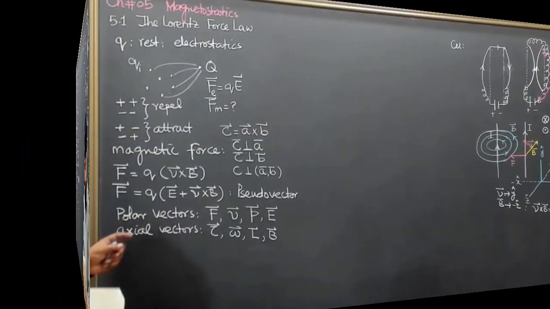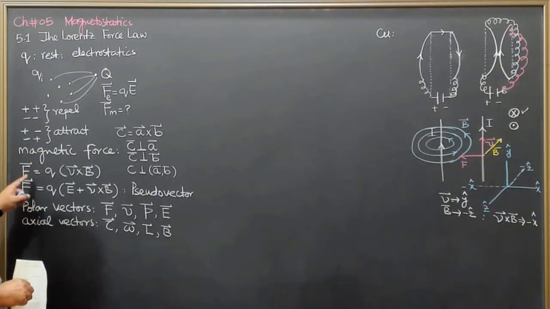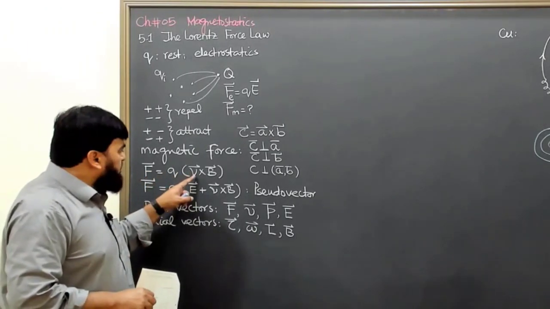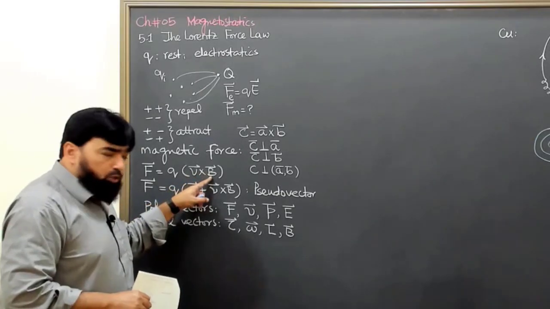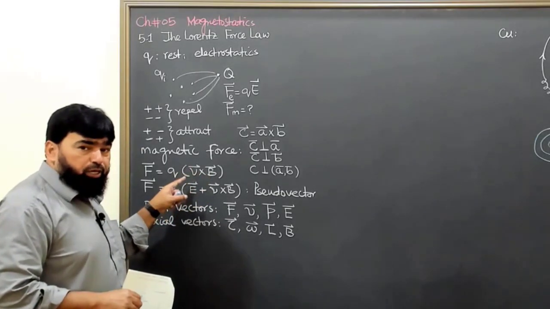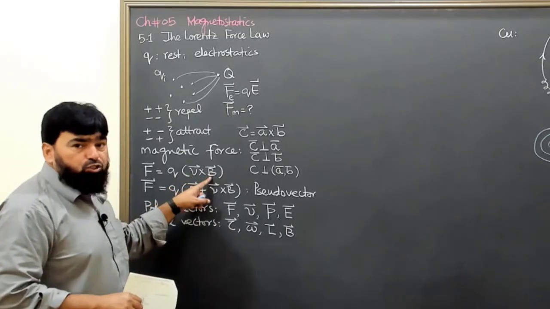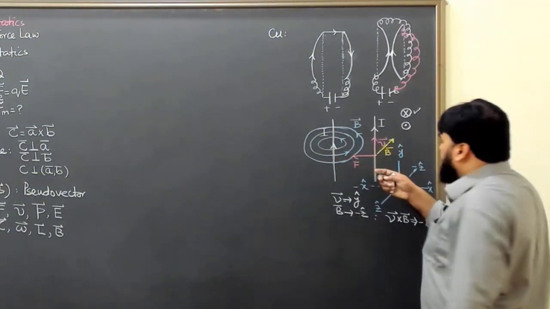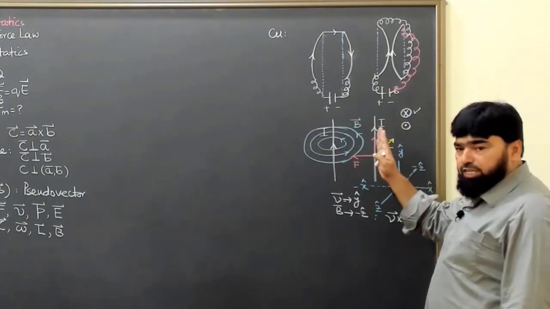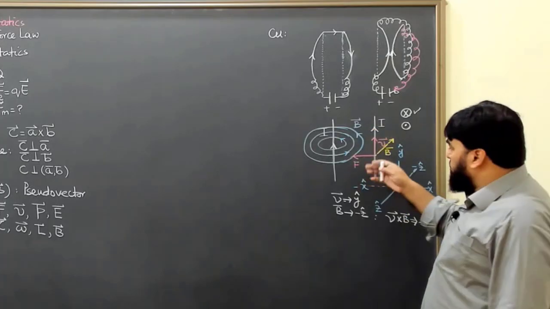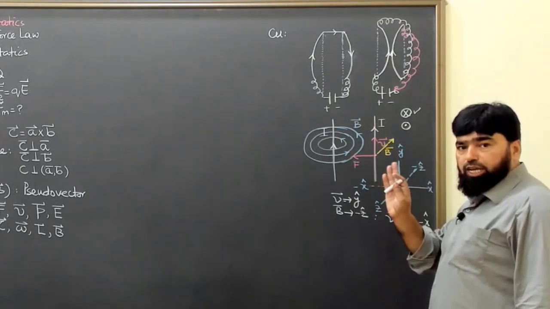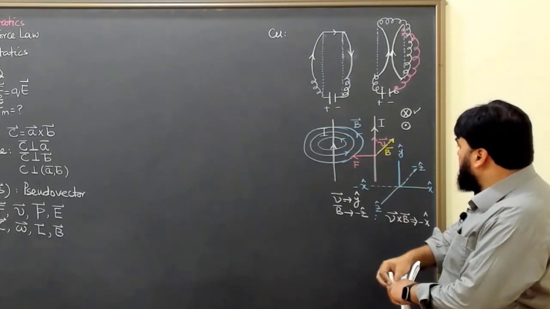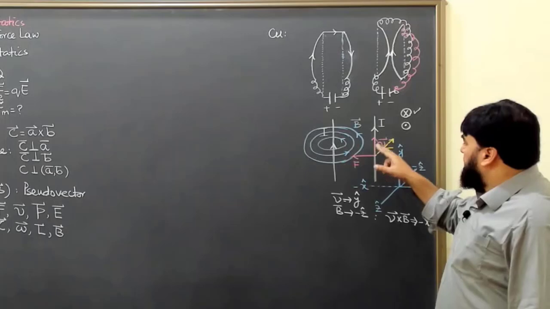Here, when we say F equals this, F is perpendicular to V, F is perpendicular to B, and F is perpendicular to the plane which contains V and B. So if I consider the plane, it is just like inside the board here. One edge is here, which is V, and then B is going into the board.